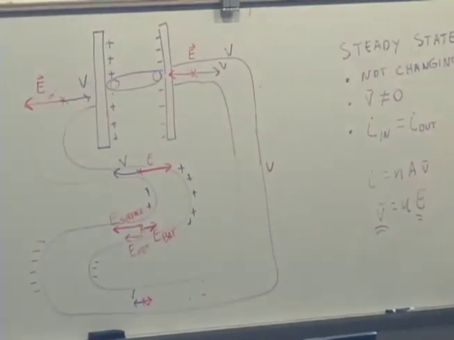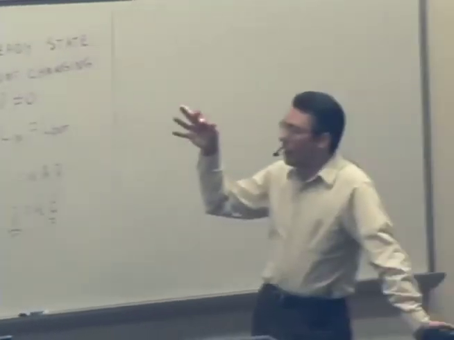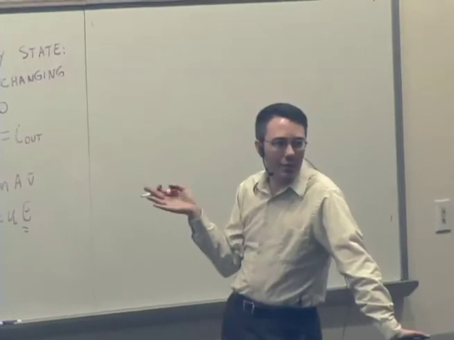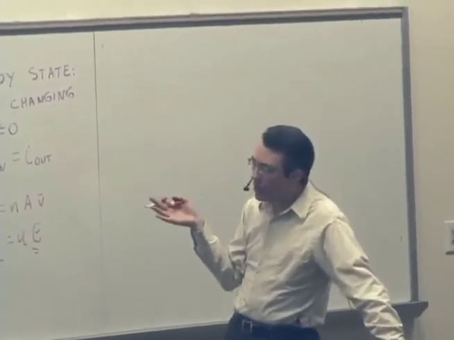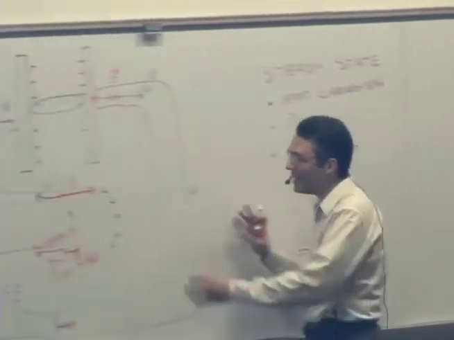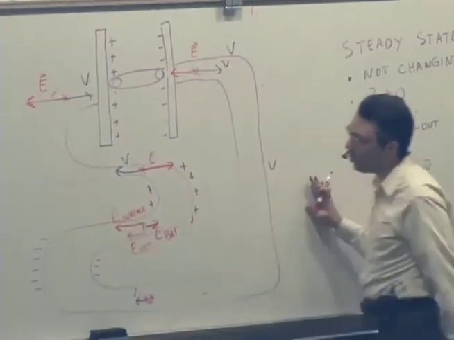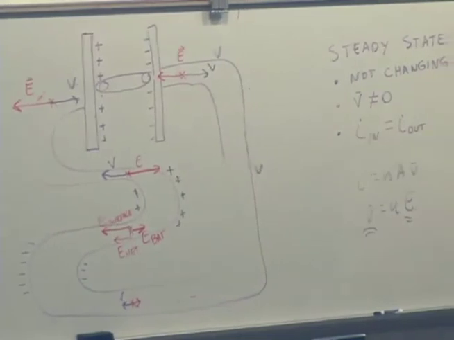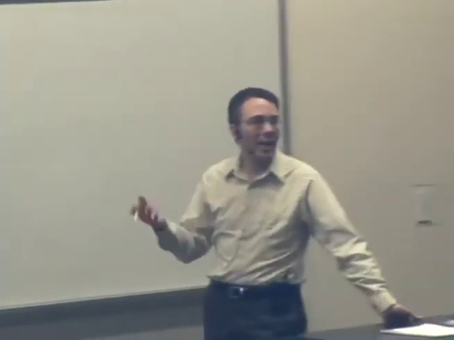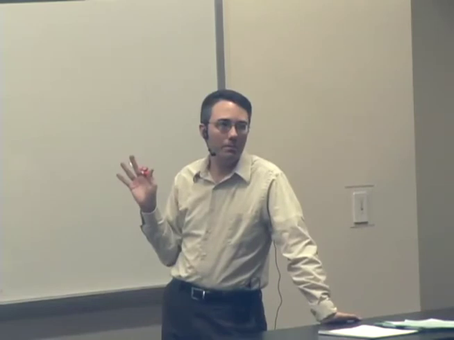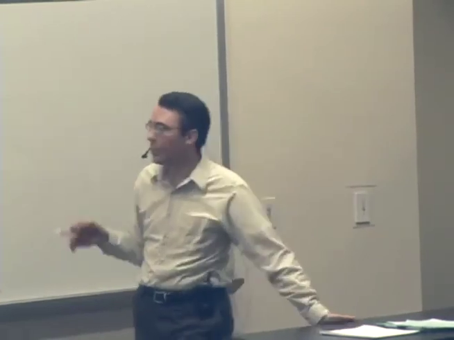So what's happening is the field just due to the battery causes charges to move. Those charges move, and they may move in funny ways until surface charge builds up on the surface of the wire. Those surface charges themselves create their own electric fields, and this keeps happening until it finally stops when we reach the steady state.